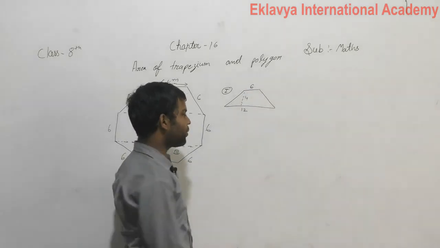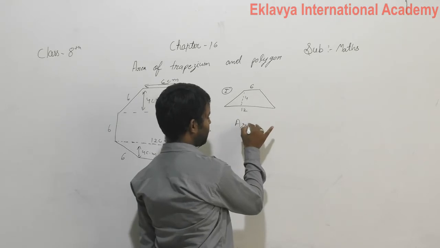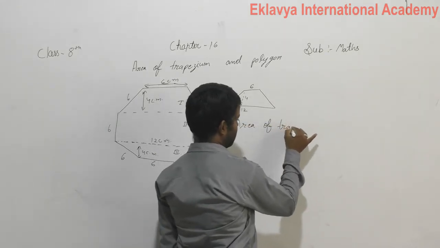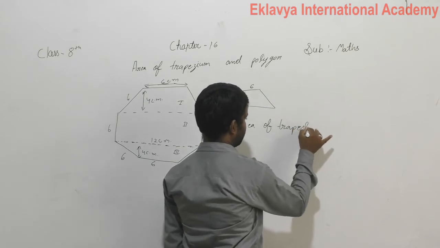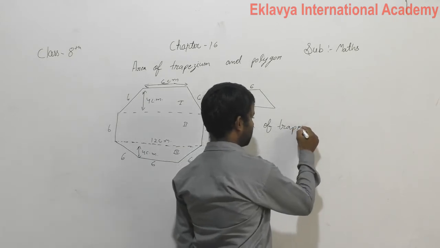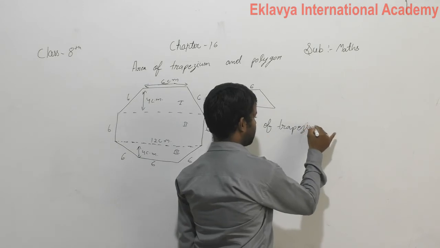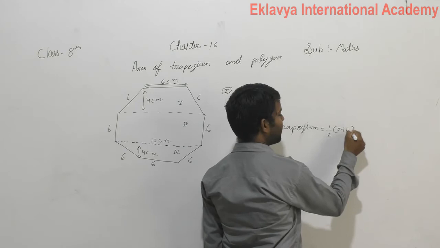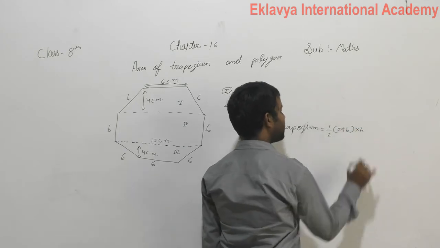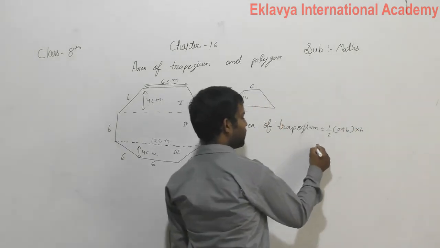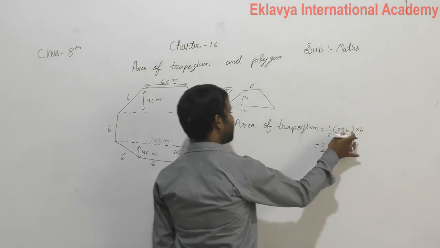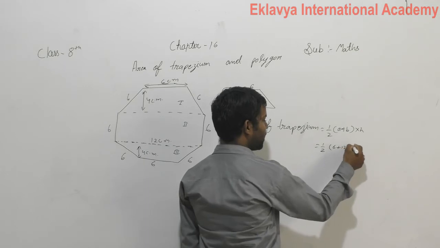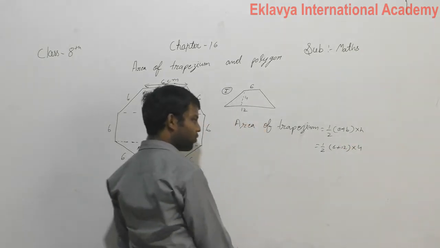So area of trapezium is equal to 1 upon 2 bracket sum of parallel sides multiplied by height. 1 upon 2 bracket, parallel sides are 6 and 12, and height is 4.